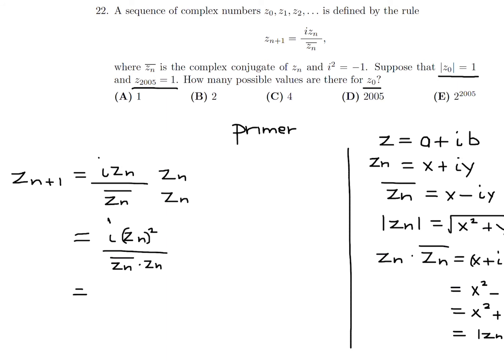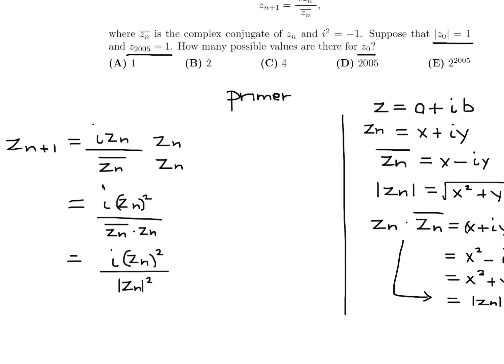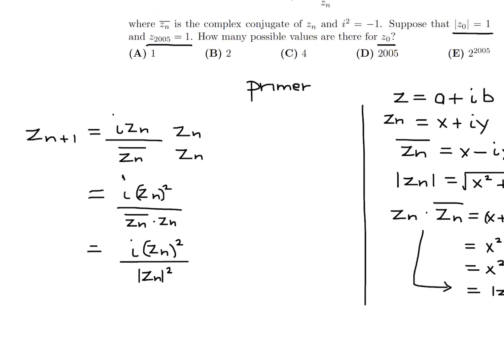But as I showed over here, this is just equal to the square of the magnitude of zn. All right, so I can just put that in here, i zn all squared over the magnitude squared. Okay, that helps me because now I just have zn to worry about. I don't have to worry about the conjugate, right? Because here you've got the conjugate, and I just didn't want to worry about that.